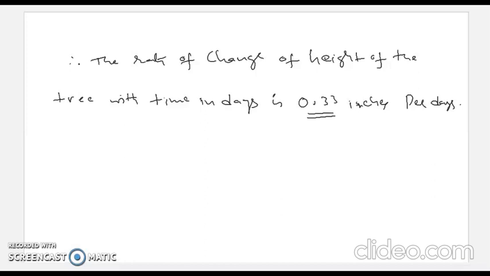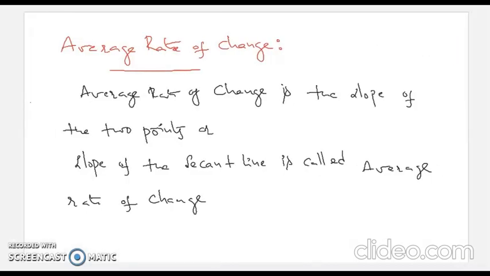Now coming to the next definition, average rate of change. What is average rate of change? Average rate of change is the slope of two points. Already we discussed the rate of change formula in algebra.